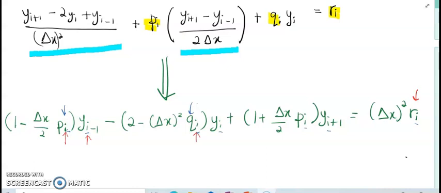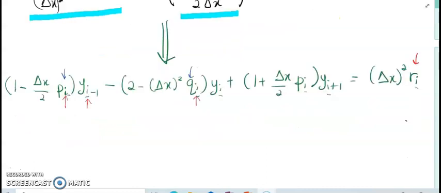Before you find the equation at each interior node, you can simplify this equation. How to do that? Just substitute the known values, the values that you can get from the problem statement.